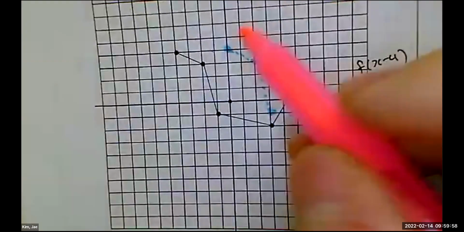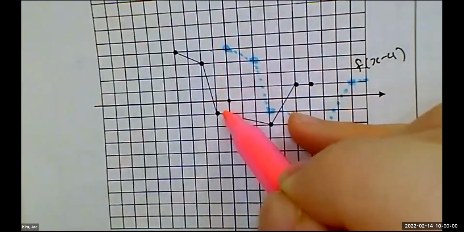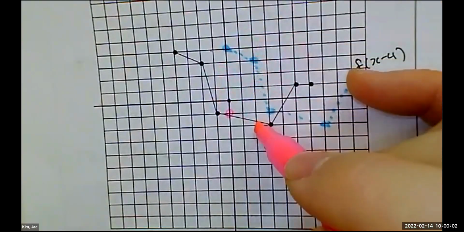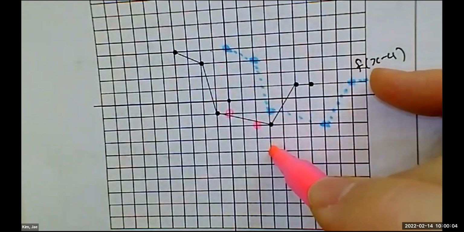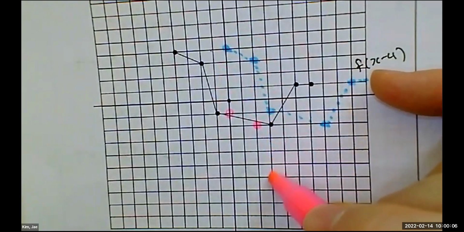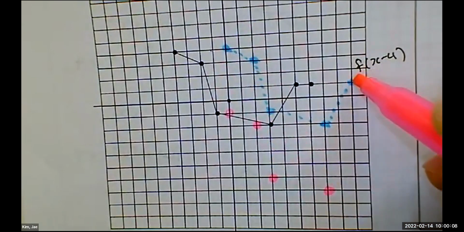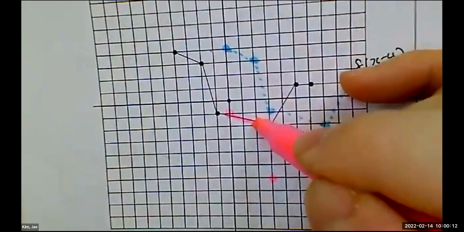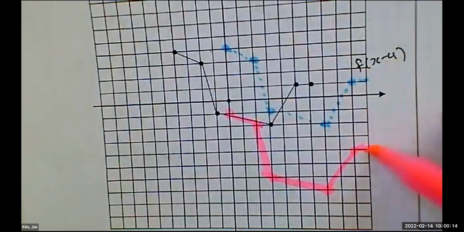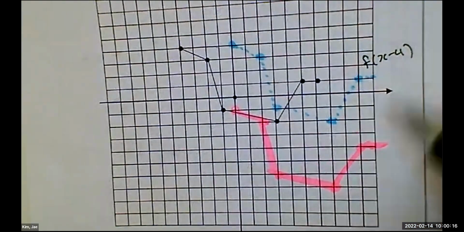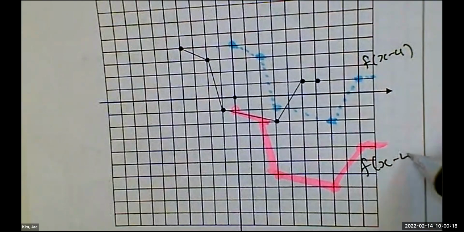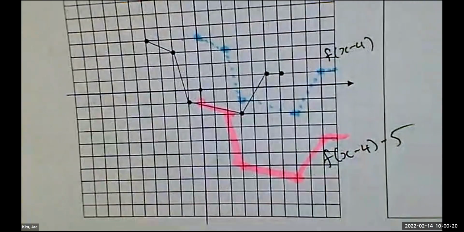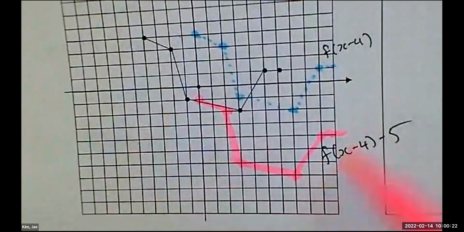So your final curve would be 1, 2, 3, 4, 5 down for each point. Your final curve looks like this. It's right here, this one right here.